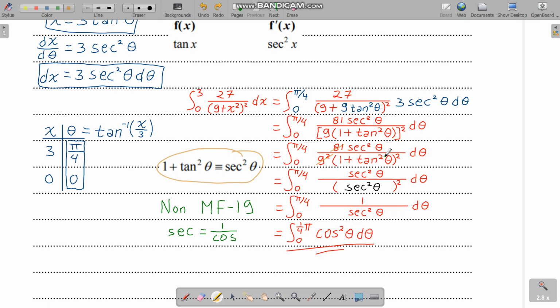We replace the 1 plus tangent squared with secant squared, and then you can cancel out here. We have 1 over secant squared, and we use the formula that secant is 1 over cos, so 1 over secant squared is cos squared, and that's what we need to prove.